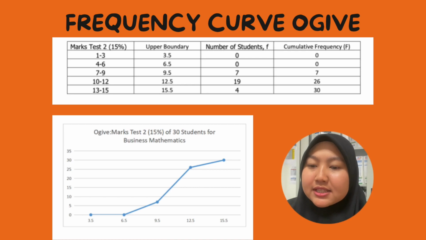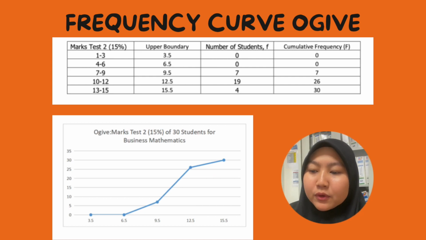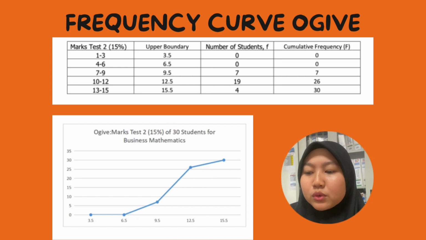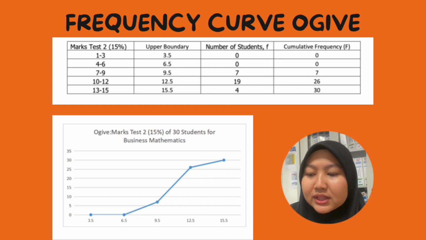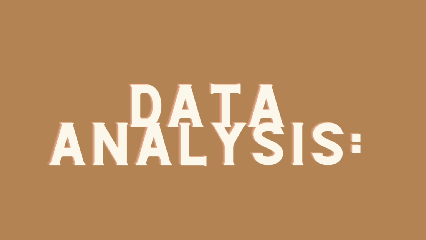The x-axis is the upper boundary for each class interval, and the y-axis is the cumulative frequency. The cumulative frequency at 3.5 and 6.5 is 0, while at the upper boundaries 9.5 it is 7, 12.5 is 26, and 15.5 is 30.